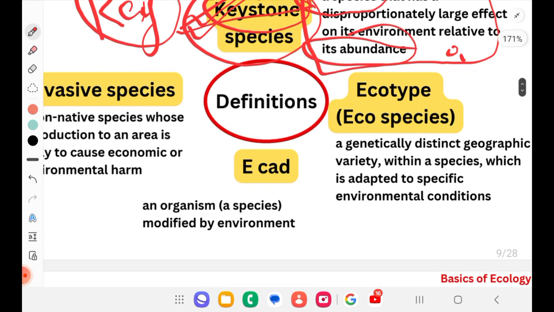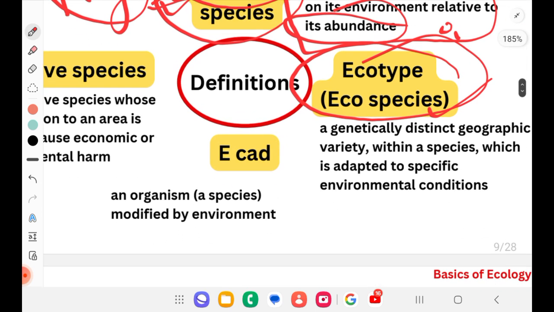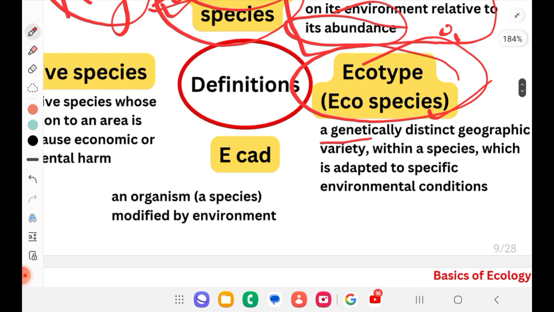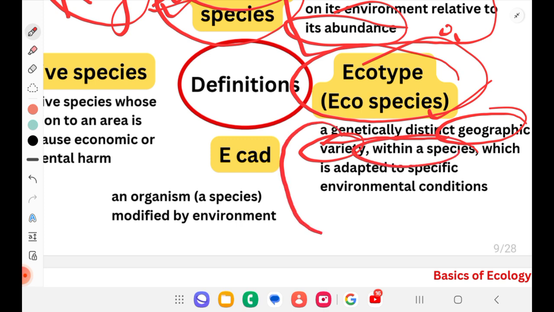Then we will see about ecotype or ecospecies. So what does it mean? A genetically distinct geographic variety within a species which is adapted to specific environmental conditions. The same species but in a different location, a geographic variety.